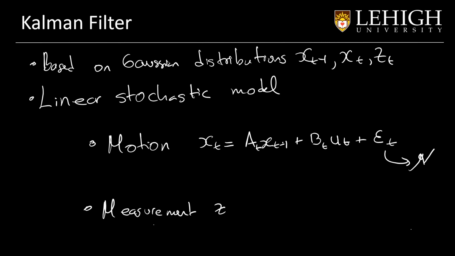Which is basically the variable z that relates a matrix that relates the state and what we can see from the state, plus an error. Okay, this is the general Kalman filter.